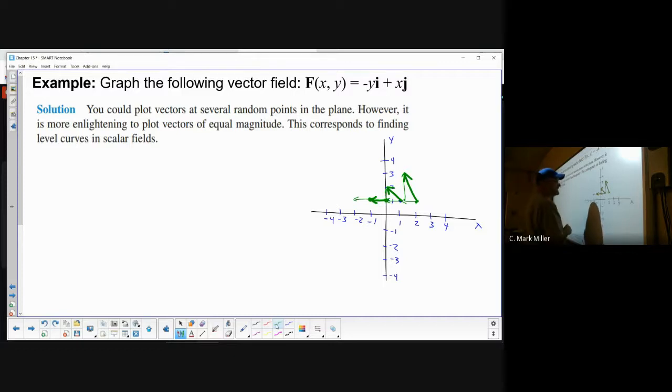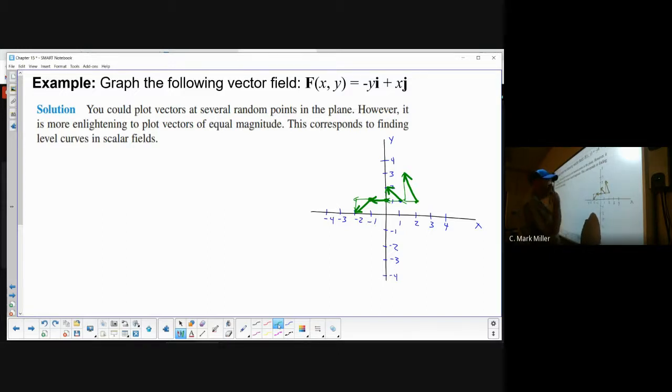The x-coordinate is now negative 1, so it's going to go down. So the vector in the vector field at that point is like that. All right, that's interesting.